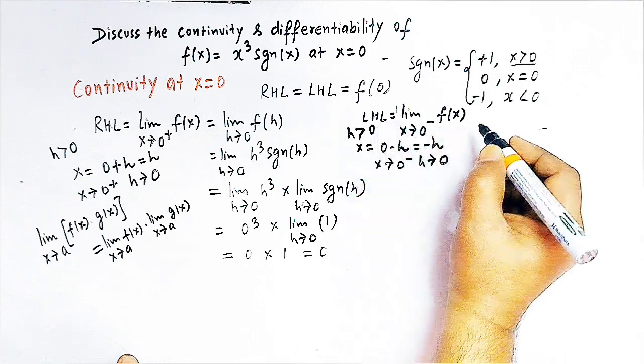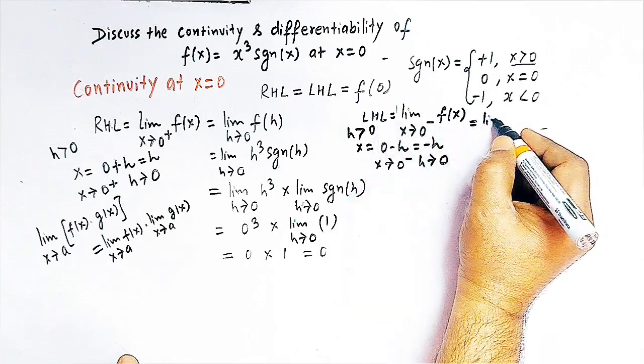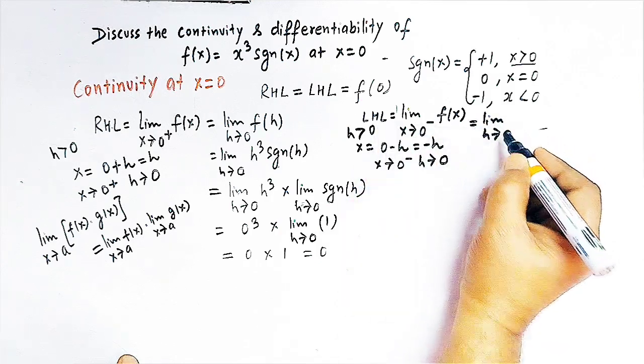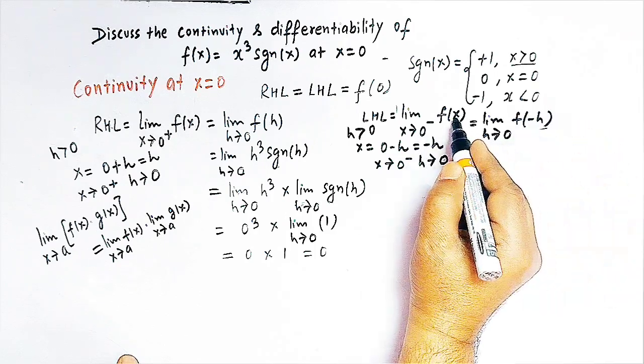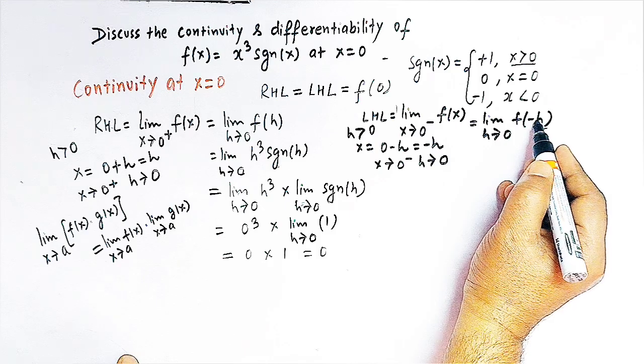So now the left hand limit can be written in terms of h as limit h tends to 0 of f of minus h, since x is minus h.